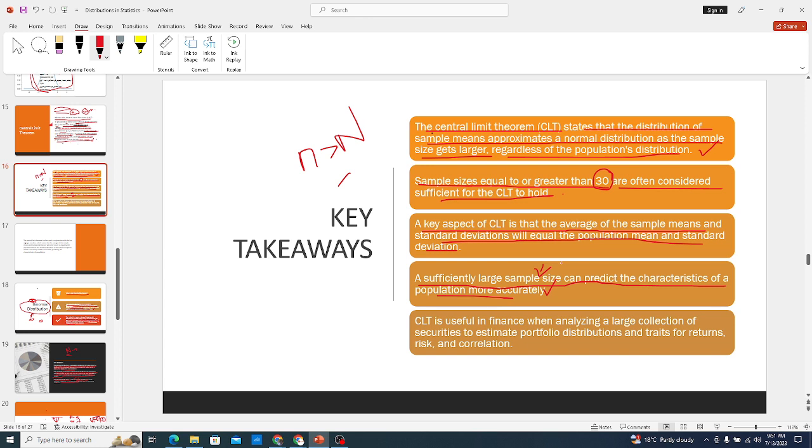If we were to do opinion polls to ask whether the current government is favorable or not, as we interview more people, we'll get the real picture about the government.